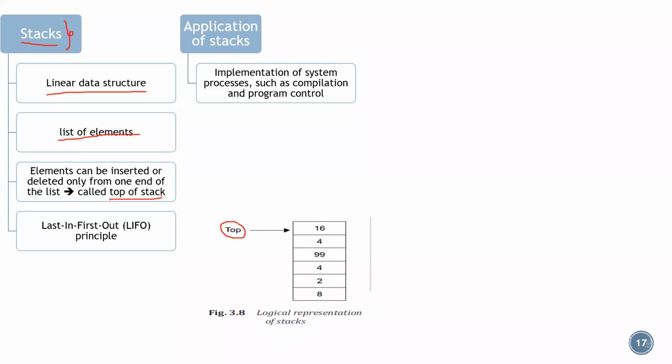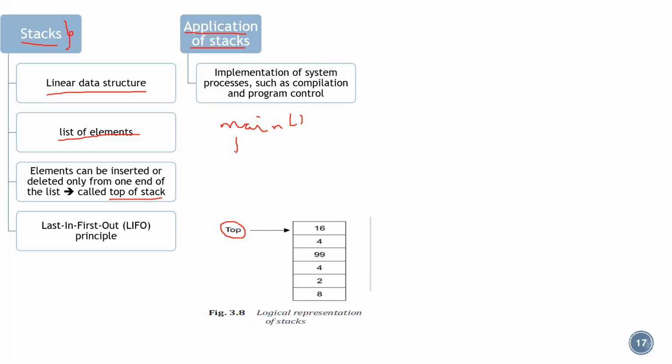Now, when I look at the applications of the stack, in computer systems you run a program, you compile it, you do so many things. In the previous discussion we covered functions.